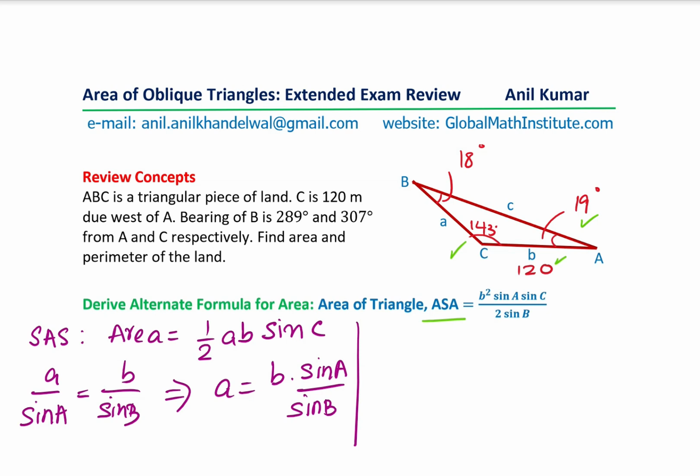Now, if I substitute this value of A here, then what happens? In that case, we get a new formula for area. Let me rewrite this as equal to half of, so instead of A, I'm writing B sine A over sine B. We already have sine C here. See, what do we get?